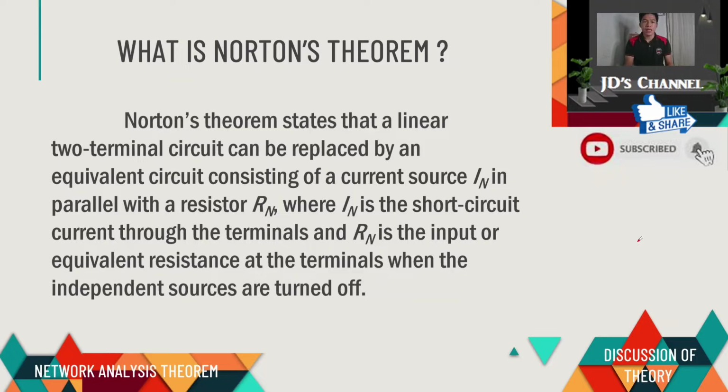Yan. So, class, kung makikita natin, mapapansin natin, dalawa lang din yung ating kailangan hanapin dito, which is yung ating IN, and then yung ating RN. Ayan, wherein yung ating RN is the input equivalent resistance doon din sa ating mga terminals. Okay, na makukuha natin if we turn off yung ating mga independent sources.